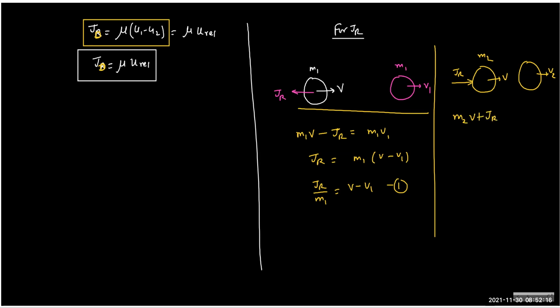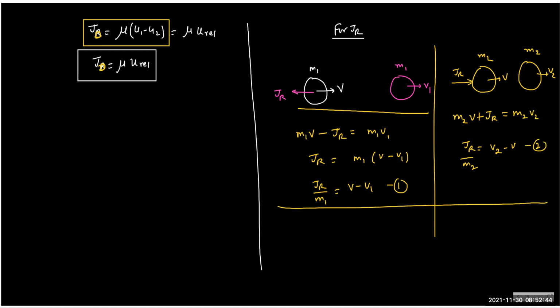So V2 is bound to be more than V1, because V1 is going below the V value and V2 is going above the V value. So V2 is more than V1. That's why they separate. So the J_R equals how much? I'm writing directly, it's V2 minus V.